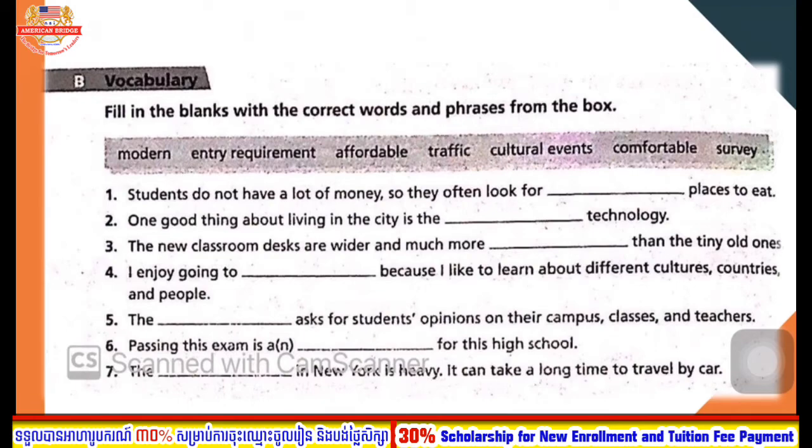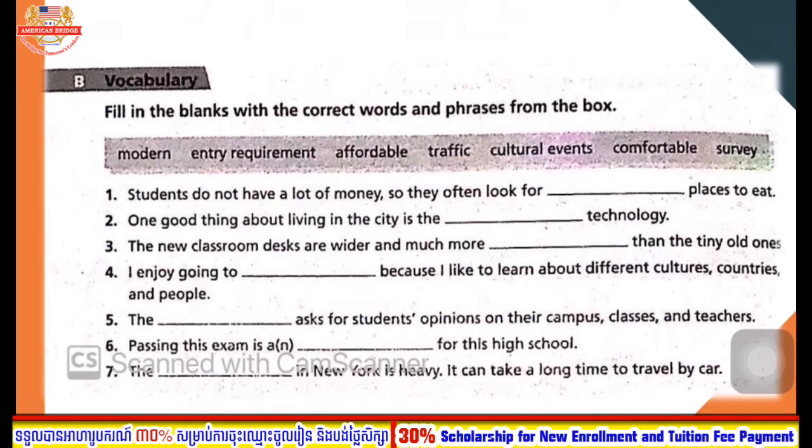So in the city, there are a lot of things that are new, such as lights, places, restaurants, the highest restaurant, hotel. All of this we call more modern. So modern technology. So the electricity as well. So life in the city is very comfortable.